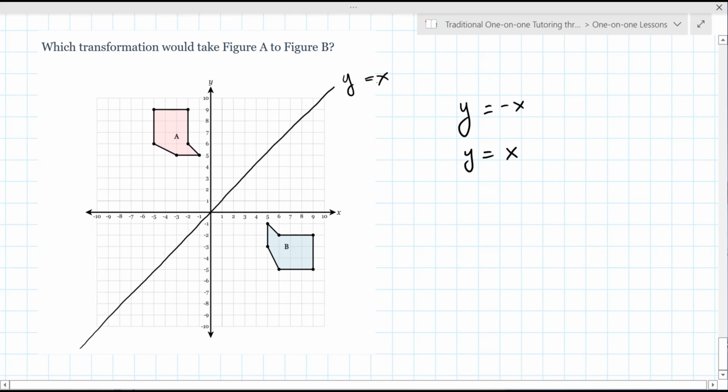Sure looks like it's a reflection over that. If you had to guess, I'd probably say it was this. It would be useful to know the formula for that transformation. I don't suppose you have that handy. No. Okay, let me see if I can grab it here.